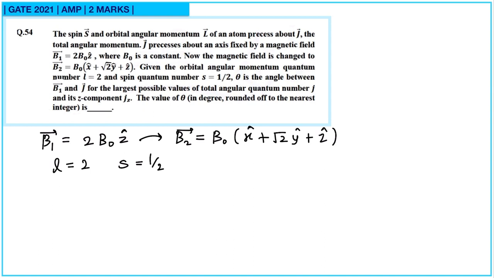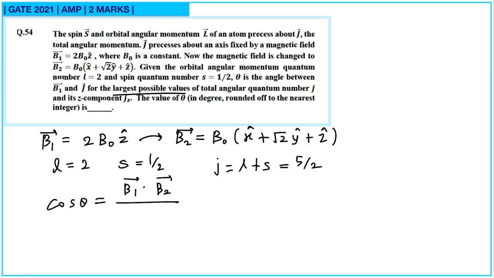Now simply we need to calculate the angle between these two, because they are precessing about Z. L is given, S is given. So from here J is equal to L plus S, which is equal to 5 by 2. We have to calculate it for the largest possible value of J, which is L plus S, 5 by 2. Now cos theta is equal to B1 bar dot B2 bar upon the magnitude of B1 bar times the magnitude of B2 bar.